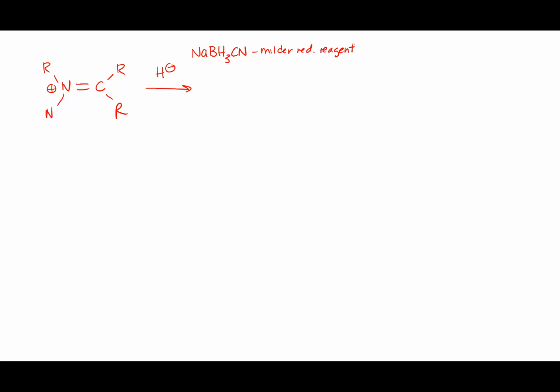All right, so if we add an H minus, what happens? The H minus comes into the carbon, pair of electrons moves to the nitrogen. We end up with the nitrogen with a lone pair and a neutral charge, and then the hydrogen adding to the carbon.